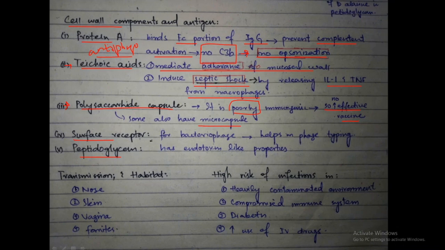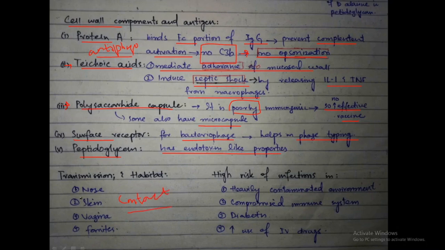Number 4 is the surface receptor for the bacteriophage. Whenever there is a bacteriophage, it will bind to the surface receptor, enter the bacteria and help in phage typing. Peptidoglycan has endotoxin-like properties. Now, coming to transmission, it is mainly transmitted through contact.